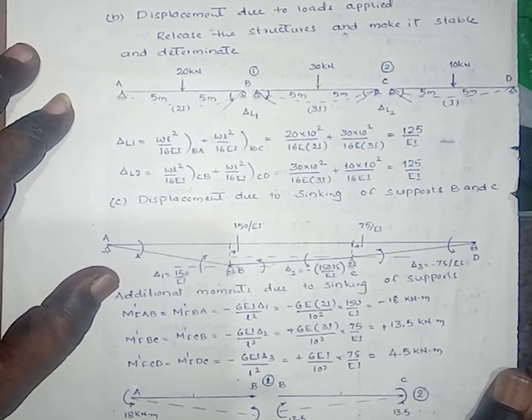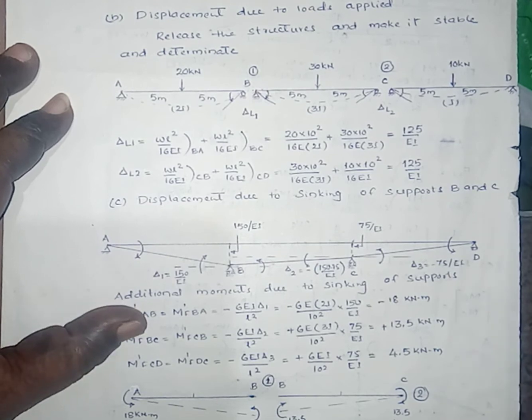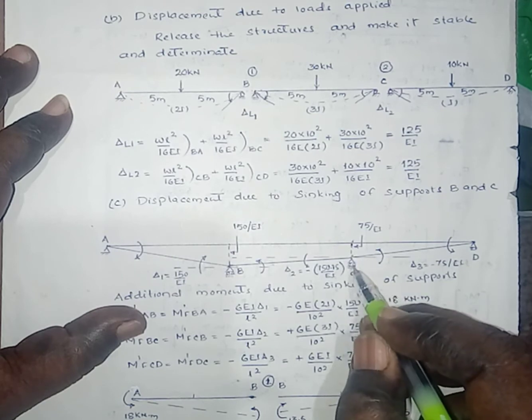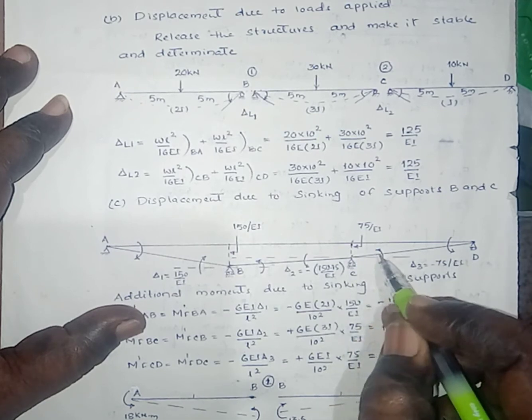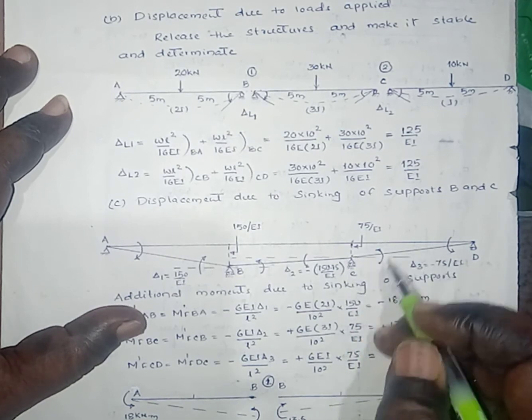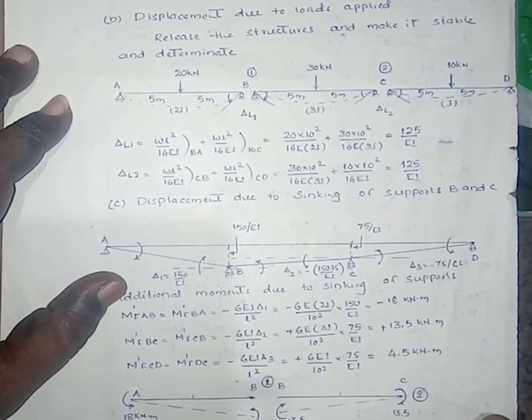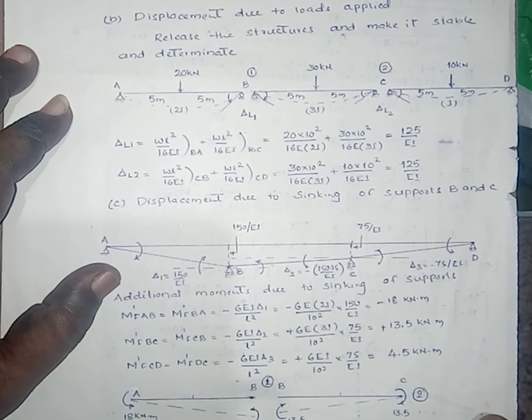is 13.5 kilonewton meter. Then in span CD, there is a relative settlement with respect to D. C is moved in downward direction, or the rotation is in anti-clockwise direction, hence the settlement is also negative.